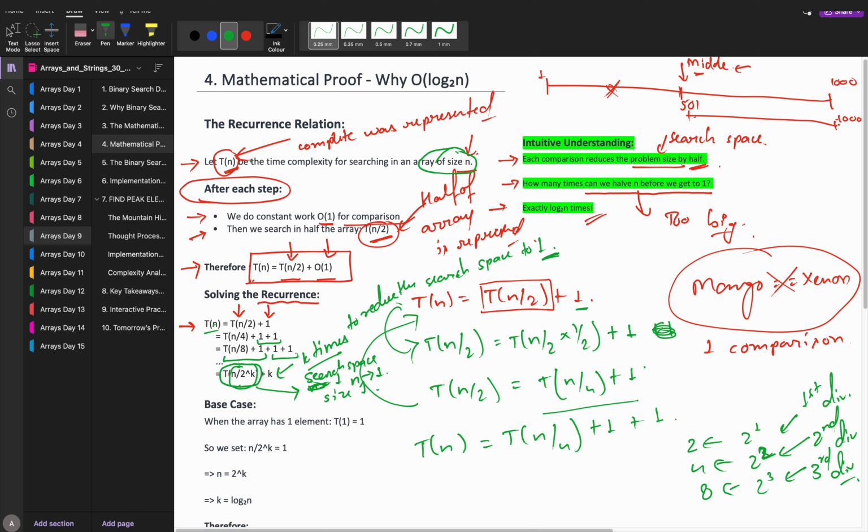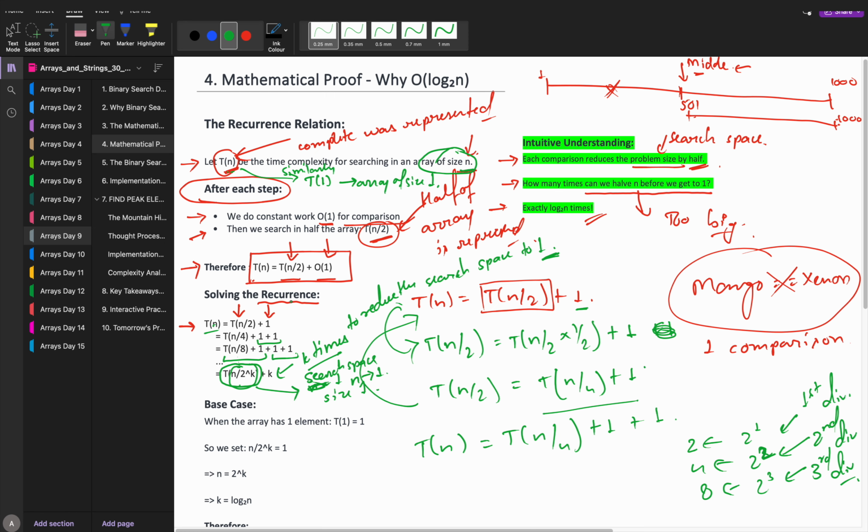Or in another way, let me tell you, if you are getting confused: T of n represents an array of size n, so T of 1 would be representing, similarly, an array of size 1. Yeah, exactly.